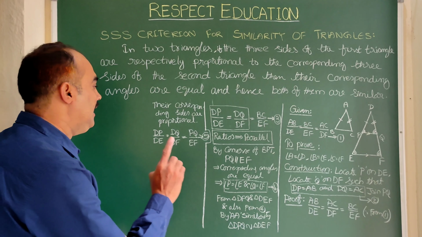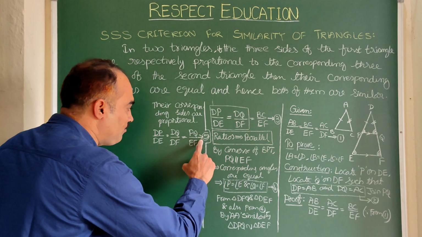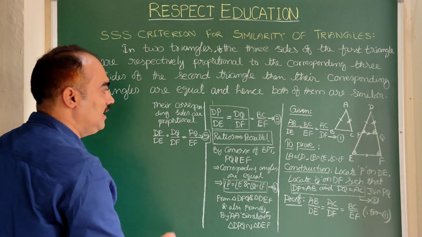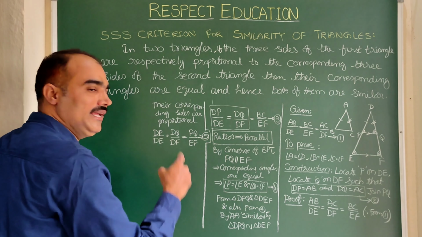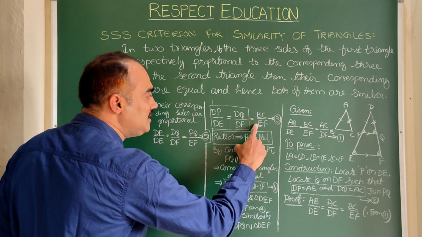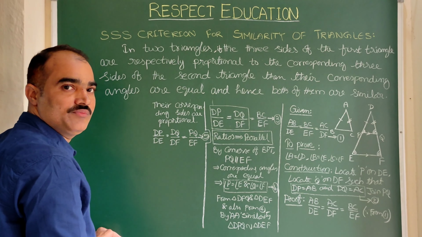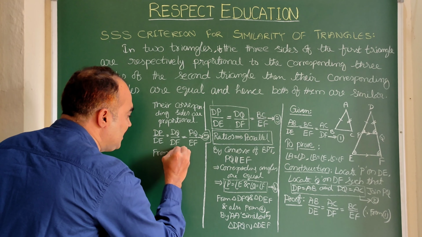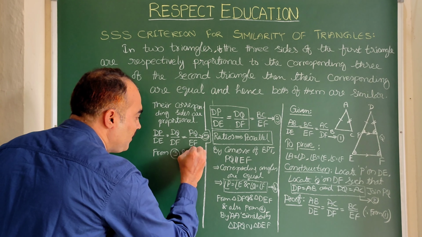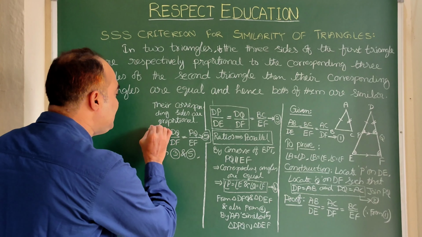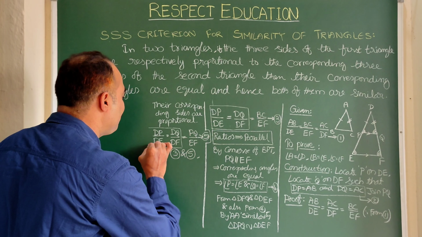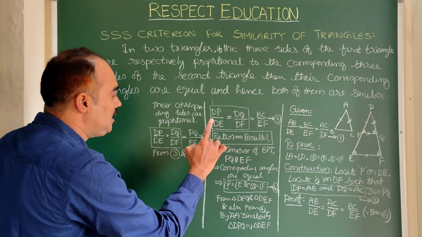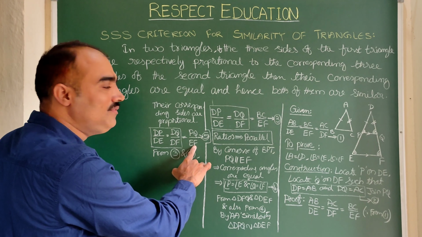Now let us compare equations 3 and 5. Here you see DP by DE is equal to DQ by DF is equal to, here we get BC by EF, and here we get PQ by EF. From equations 3 and 5, as the initial parts are equal, this part of one equation coincides with this part of the other.